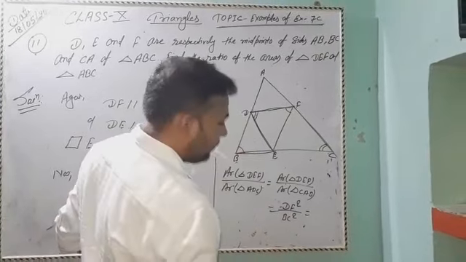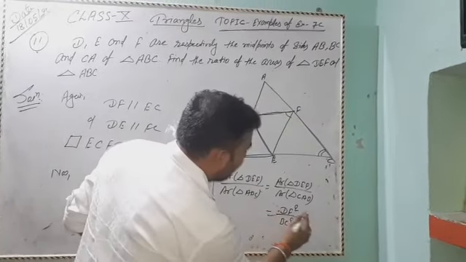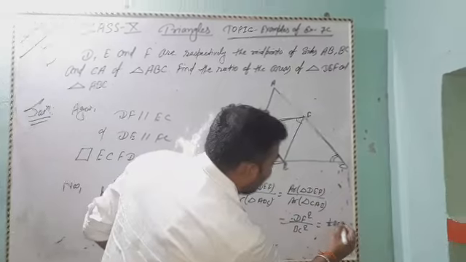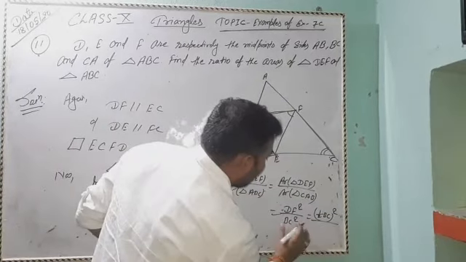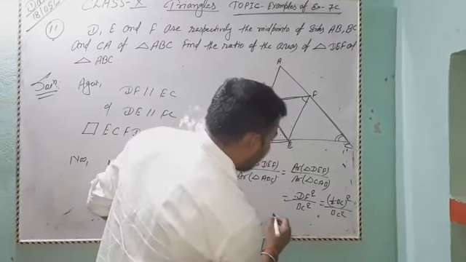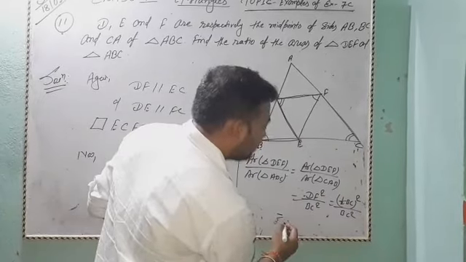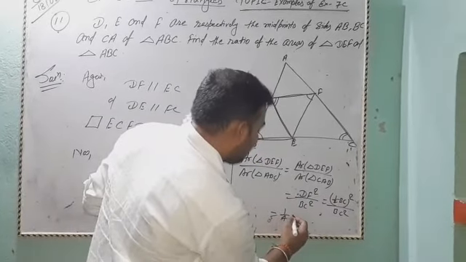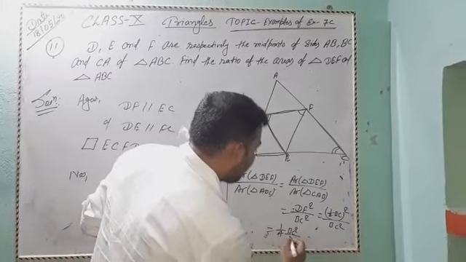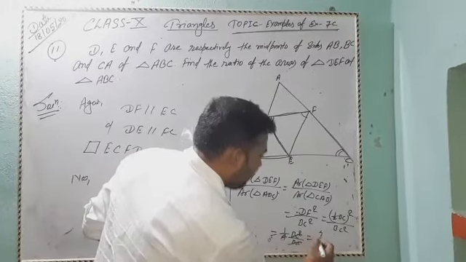So DF equal to half BC, whole square divided by BC square. It means 1/4 BC square divided by BC square equal to 1/4.